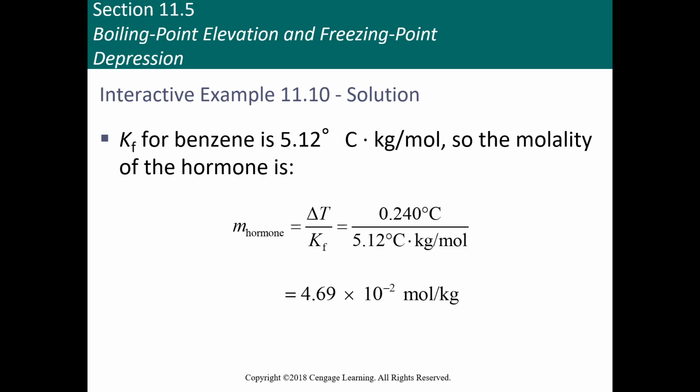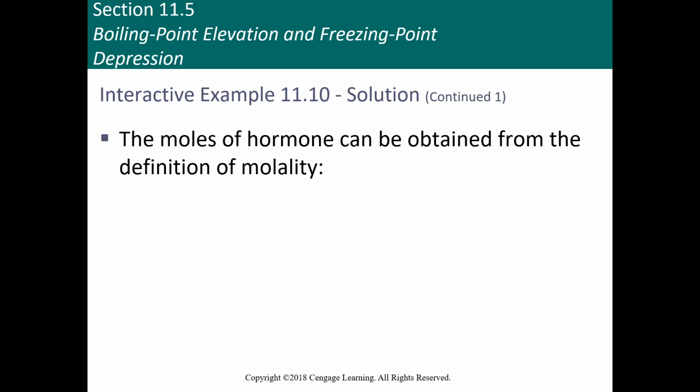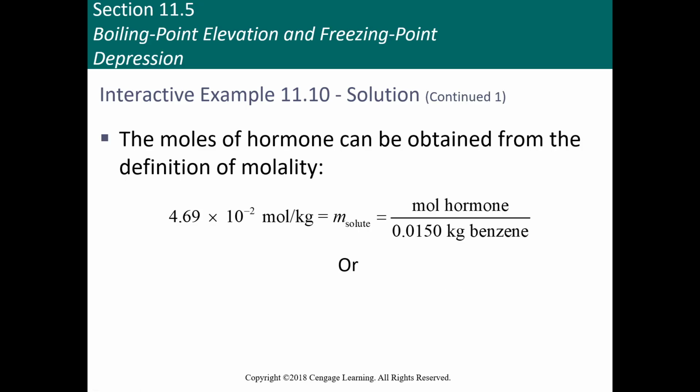So the next thing we need to do is we're going to need our mass of our solvent in kilograms. That's why we had that weight given to us. So we can take our moles per kilogram of our hormone that we got, the molality, and set it equal to the definition of molality, which is moles of the hormone divided by our kilograms of benzene.